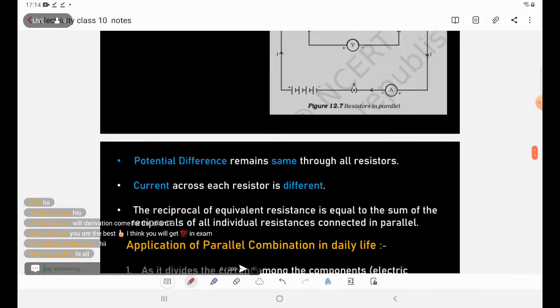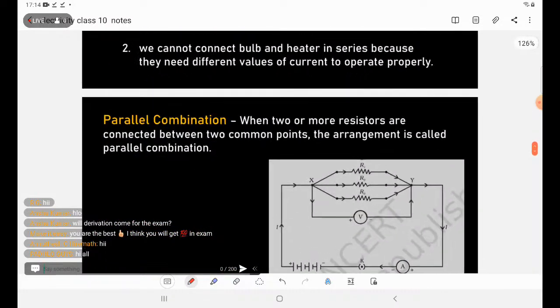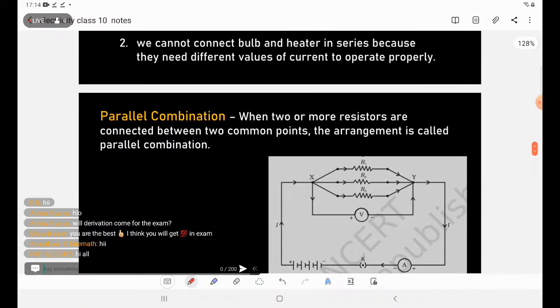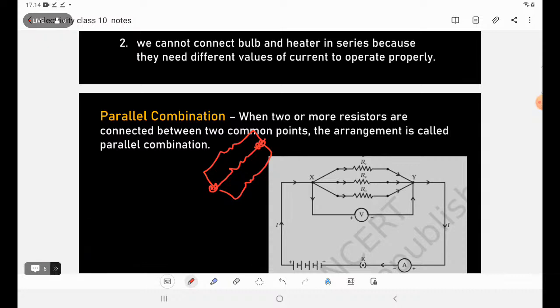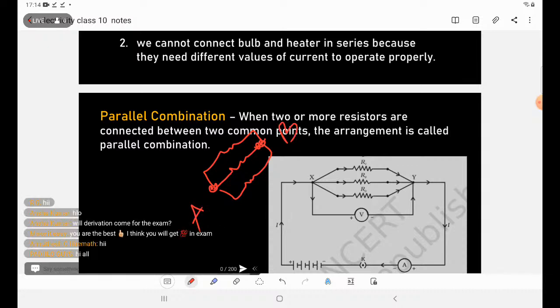But in parallel combination, two or more resistors are connected between two common points. So there is a common point, and to that more resistors are connected. This is the common point, A and B, A and B.